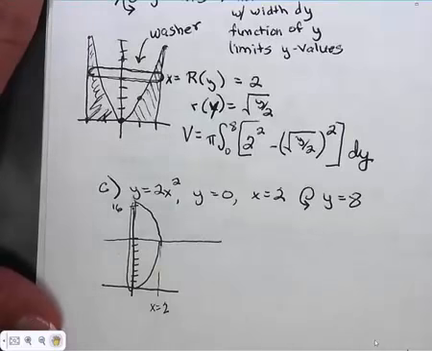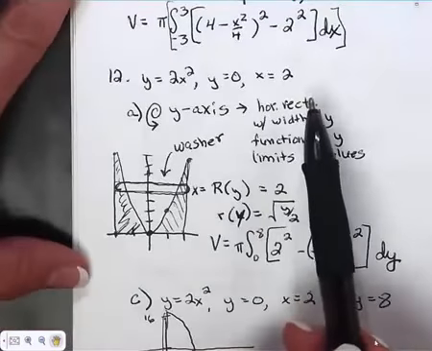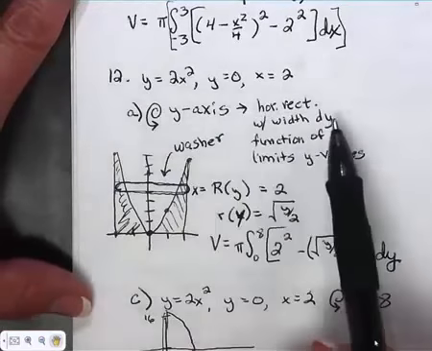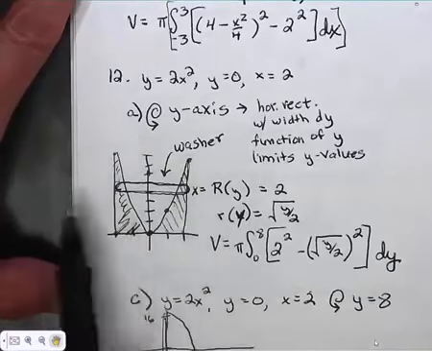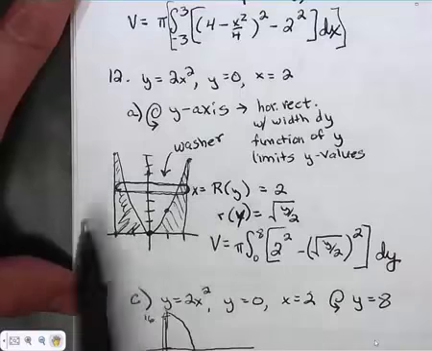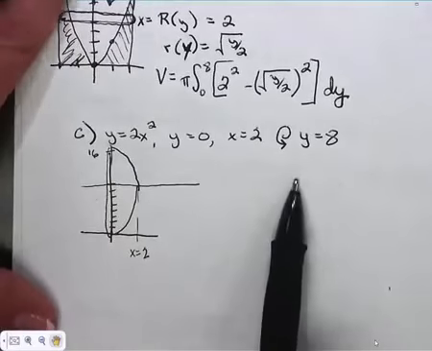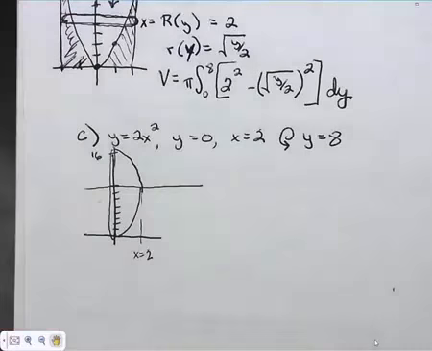Okay. Yes, they have the same boundaries, but the last one was being rotated around a vertical axis. This one's being rotated around the horizontal axis. So we have this whole parabola.